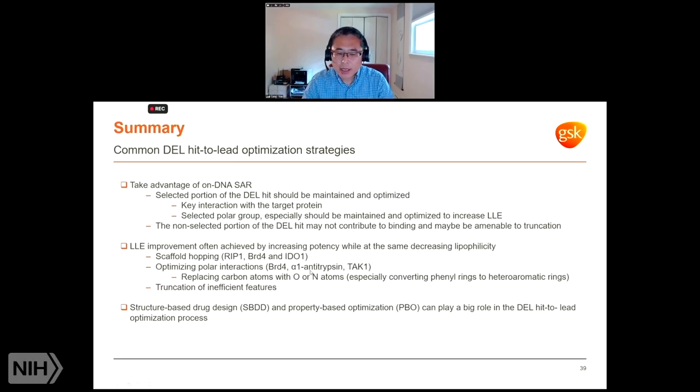For example, in the anti-tryptophan case, based on the structure, an additional hydrogen bond interaction was introduced, which resulted in significant improvement in the lipophilic ligand efficiency. And the last point I want to show is that structure-based design and property-based optimization principles can play a big role in the DEL-derived optimization process. So with that, I'll conclude my talk and take any questions.